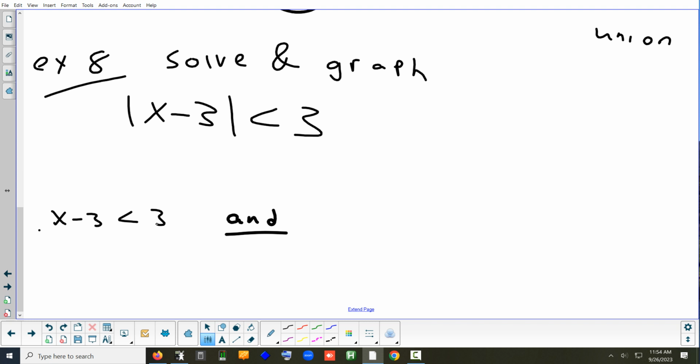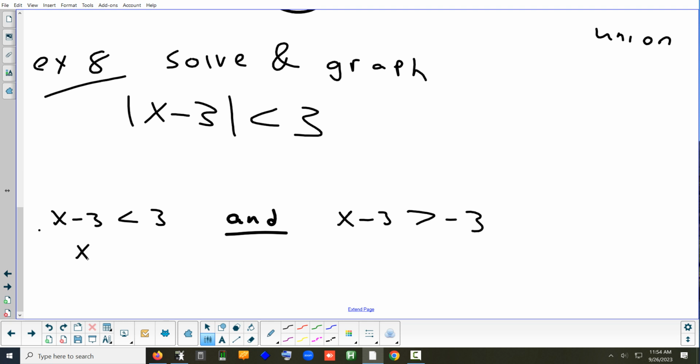And what about the second one? Two extra things you have to do. x minus 3 is less than negative 3, and you have to flip the sign. So x minus 3 is greater than negative 3.